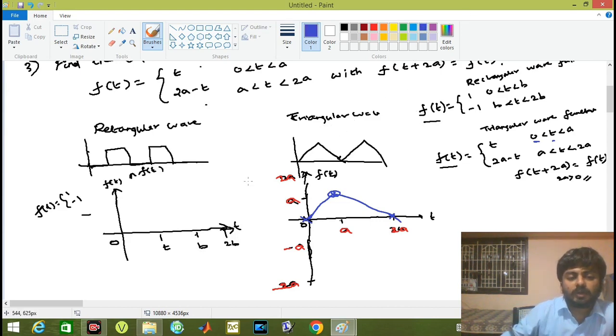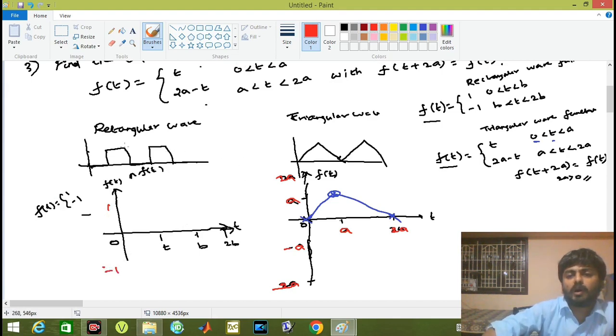For t equal to 0, here I am having 1, and here I am having minus 1.